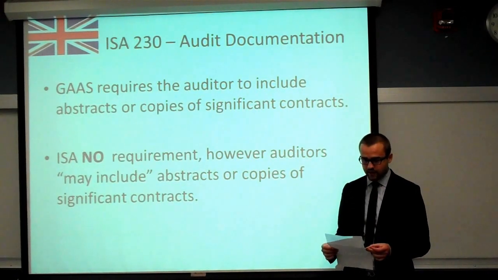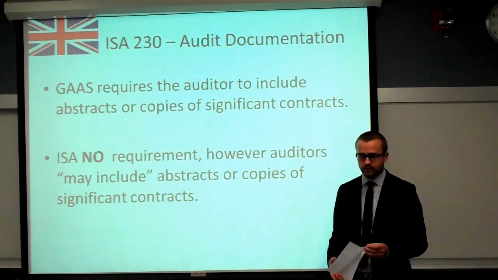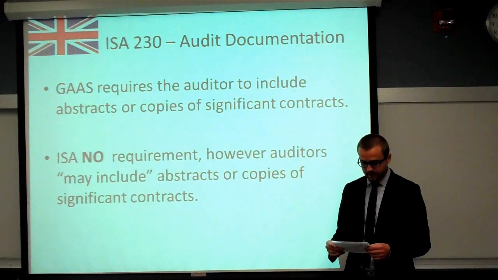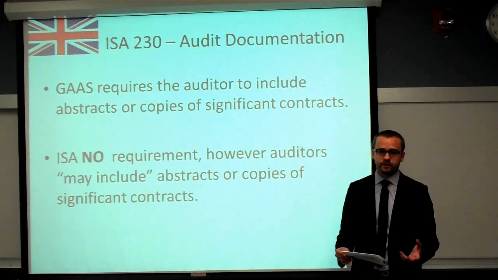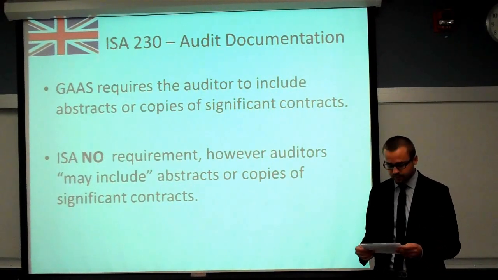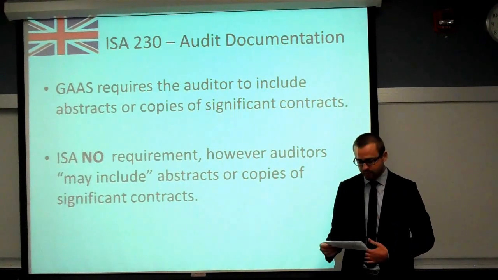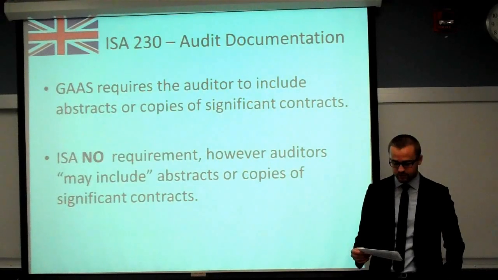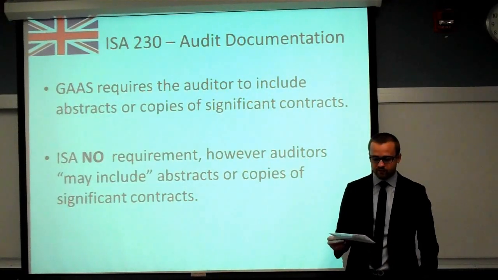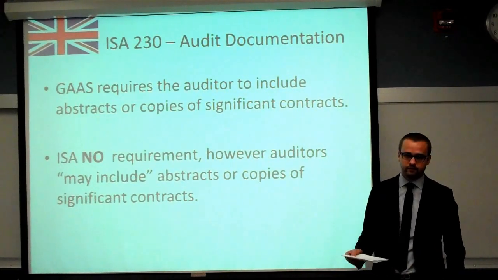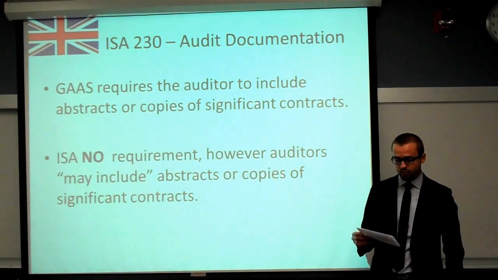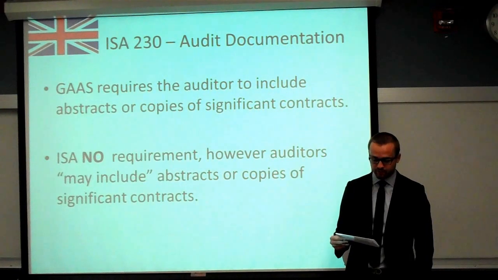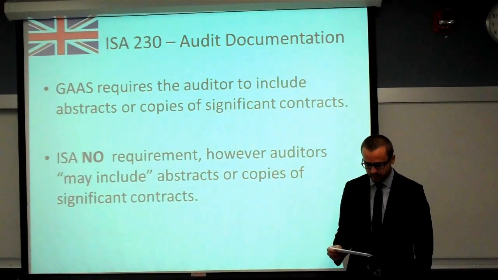An important factor in determining the form, content, and extent of the audit documentation is that significant matters will be based on professional judgment exercised in performing the work and evaluating the results.